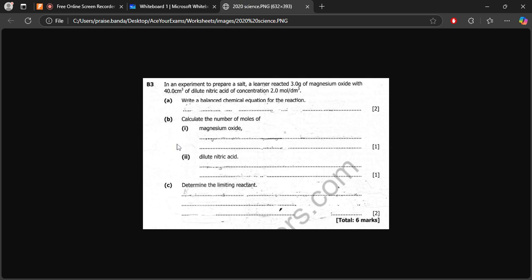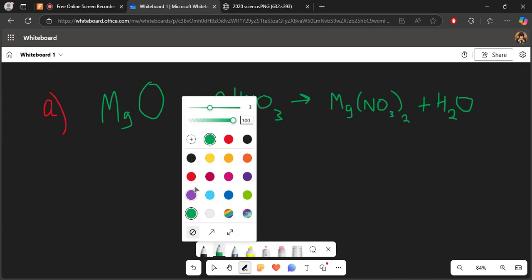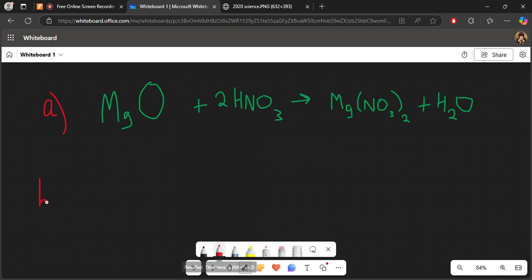Then, coming to B, calculate the number of moles of magnesium oxide. What do we know about our magnesium oxide? We need to collect data.